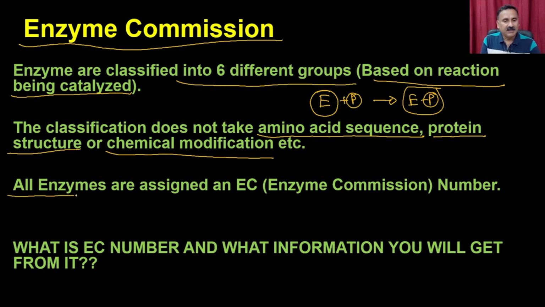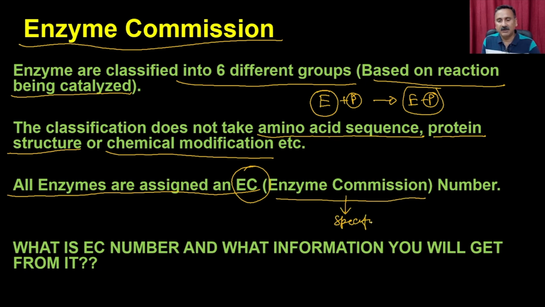All the enzymes are assigned a number, which is called the enzyme commission number, and this number is specific for that particular enzyme you are talking about, right? So when you say this enzyme has this enzyme commission number, you are giving the full classification. What information will you get from an enzyme commission number?